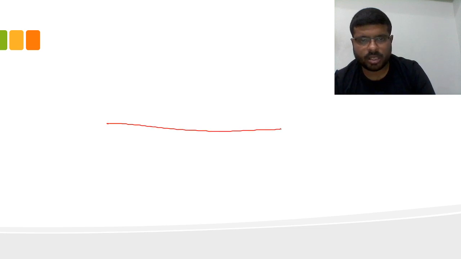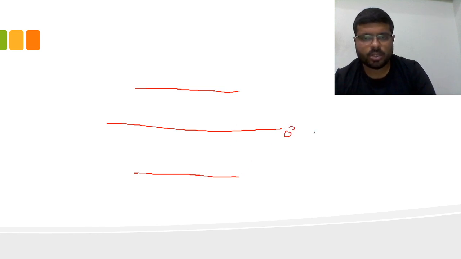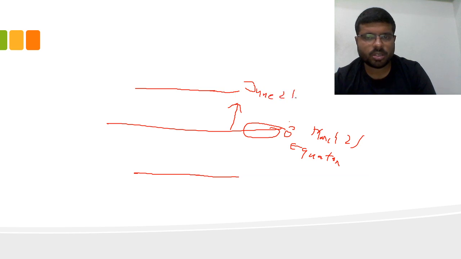So imagine this is the equator, and this is Tropic of Cancer, and this is Tropic of Capricorn. So 0 degrees. March 21st, vertical rays are falling at the equator. Then from March 21st to June 21st, vertical rays are shifting to Tropic of Cancer.